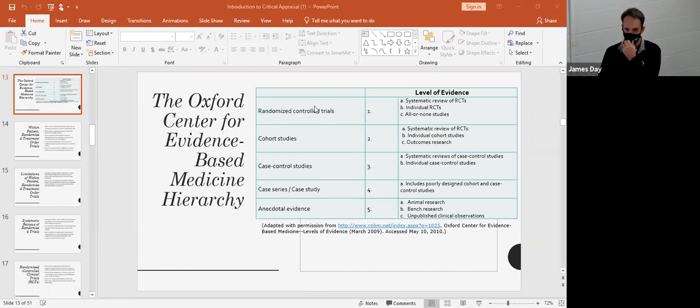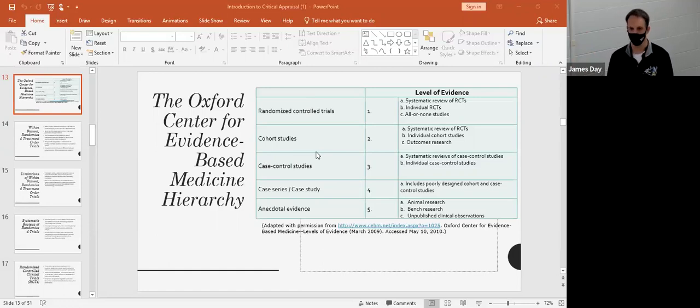In a cohort study, you have a pre-existing group situation. We're comparing 2 groups, but the groups are naturally occurring. Men and women, this class versus that class, people with an ankle sprain versus people without an ankle sprain, cohorts. 3 is case control studies.